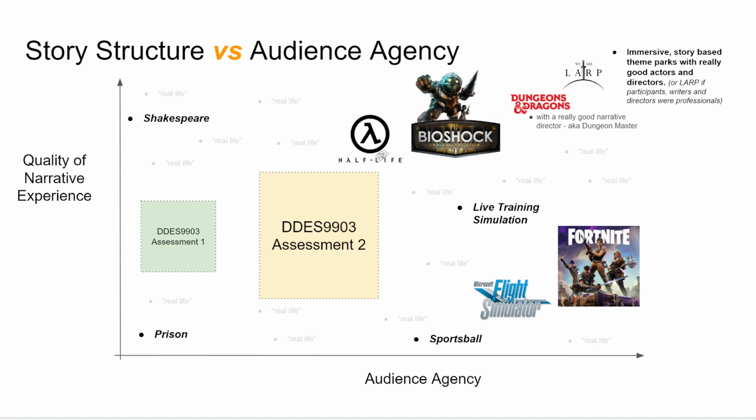So then we have this compromise. We basically take away needing to pay someone by replacing them with virtual characters and virtual situations and that kind of thing. And then we have these award-winning narrative experiences like Half-Life and Bioshock.